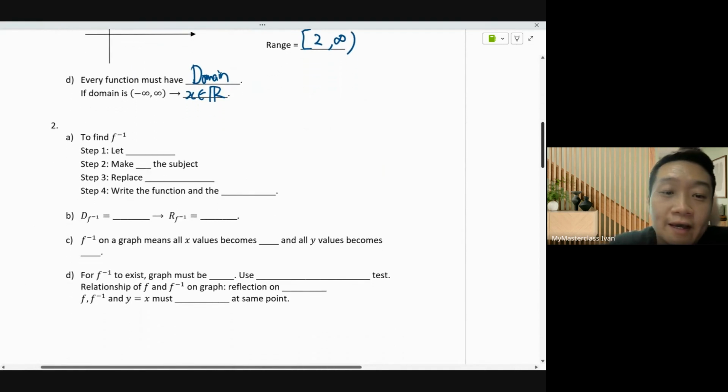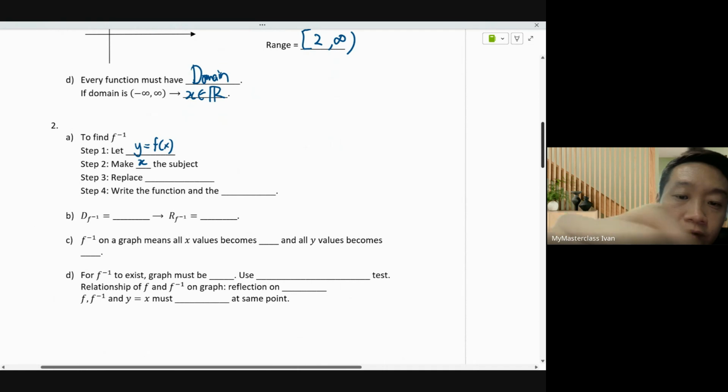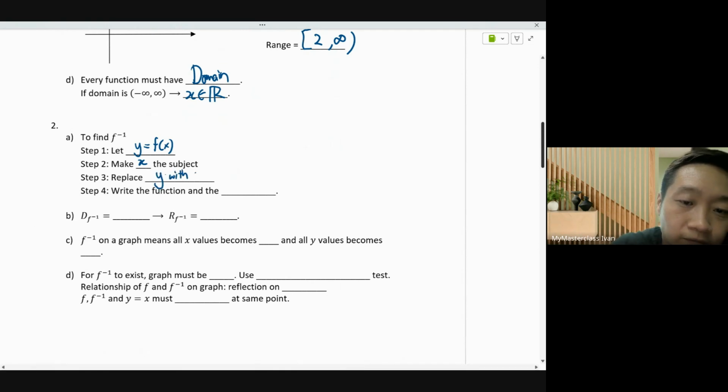Okay? To find f inverse, first step, let y equals to f(x). Make x the subject. Replace the x, y with x. And write the function and the domain.